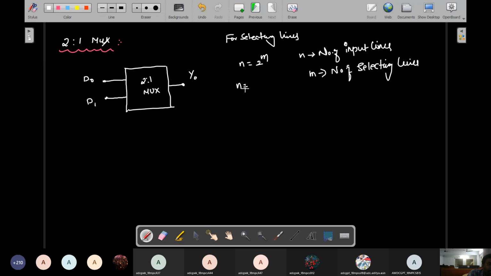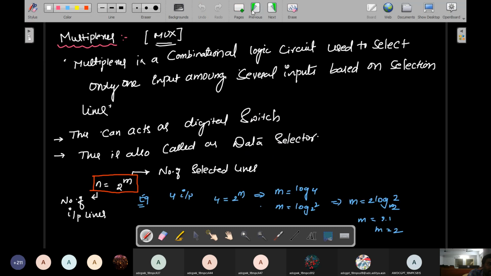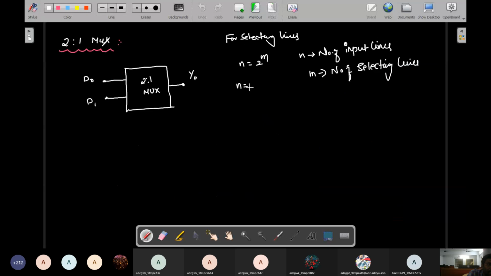Sorry, I wrote it wrongly. So m is equal to log n base 2. Here we consider n equal to 2 inputs, so I substitute: m is equal to log 2 base 2, which is nothing but 1.